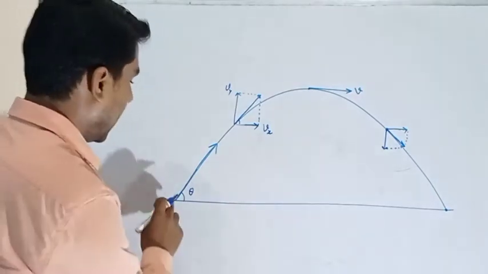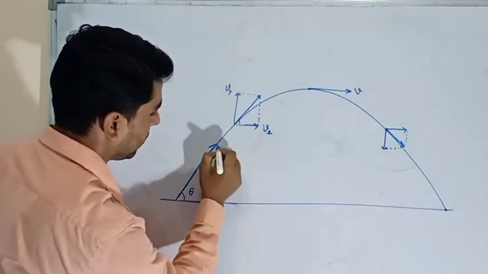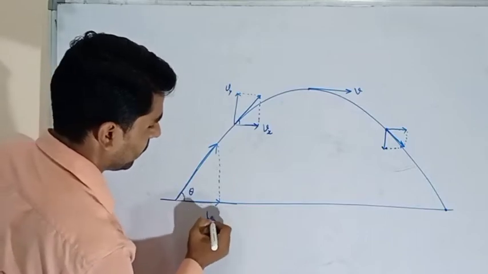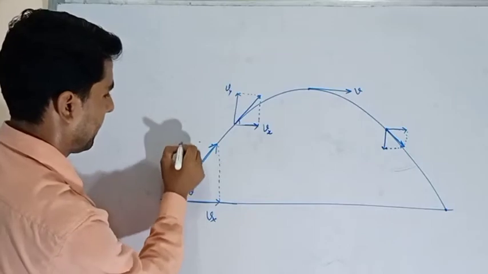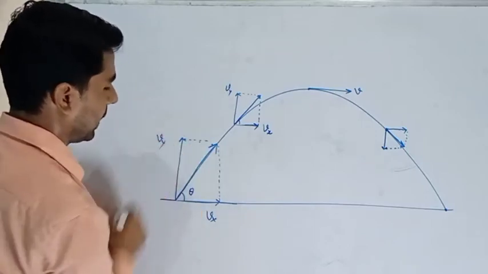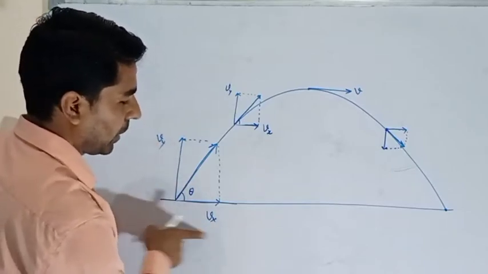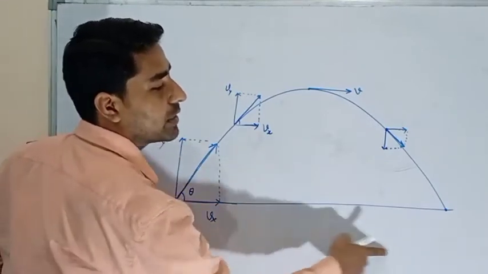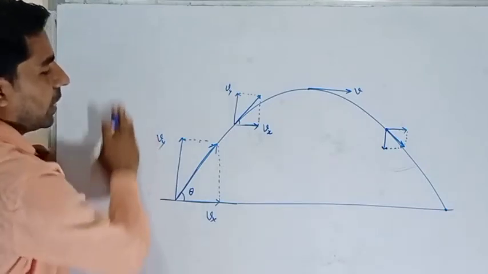So again, at this point, if this angle is theta, the same way here also, this will be Vx, and this will be Vy. Remember, the Vx component takes the object forward, towards the horizontal side, and the Vy component takes the object in the upward direction.